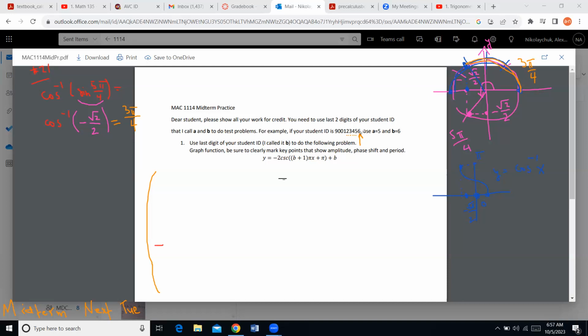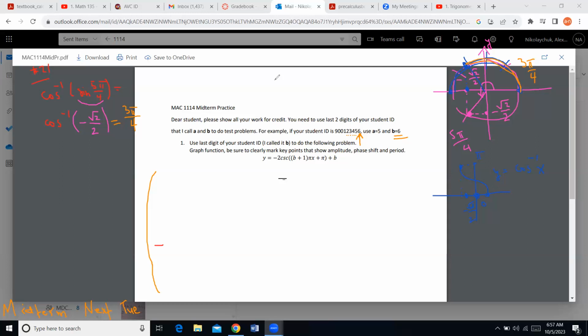So the last digit was 6 that I created, and that's what I use to do this problem. Now, if someone wants me to use some other number for the last digit, just let me know. I will use the number that you tell me because problems will be pretty much the same. The plan of working out this exercise will be the same.